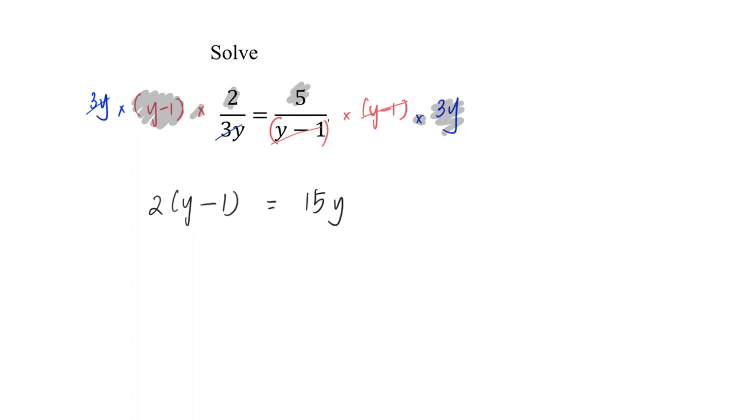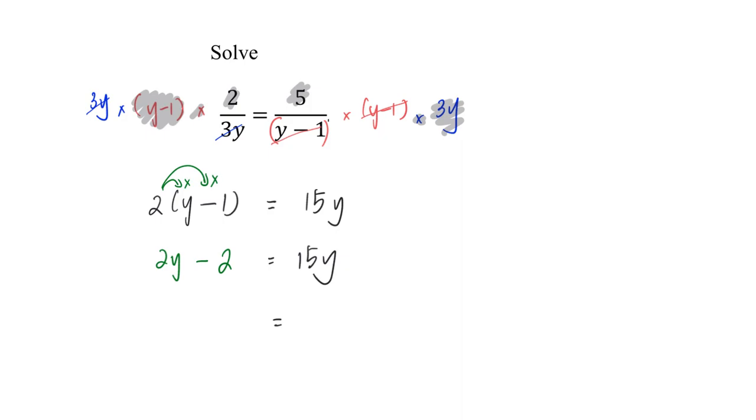And I have successfully eliminated my denominator. That is a very important step. Next, all I have to do is to expand and simplify my left side. And after which, you will see y on both sides of this equation.